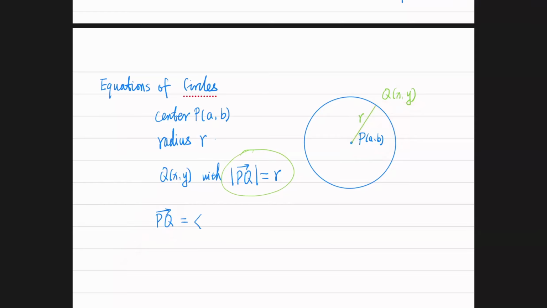I kind of forgot what that meant. Oh, is it X minus A and Y minus B? Yes, the changes of the coordinates. It will come to the norm of this vector.